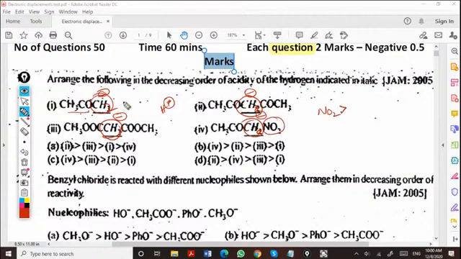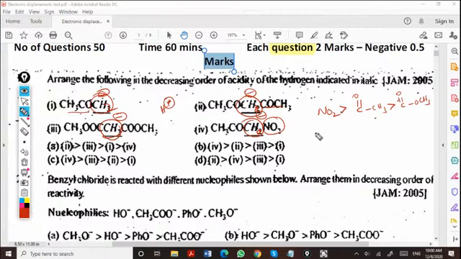Then ketone, C double bond O CH3, then ester, C double bond O OCH3. So this is the withdrawing nature of the groups.